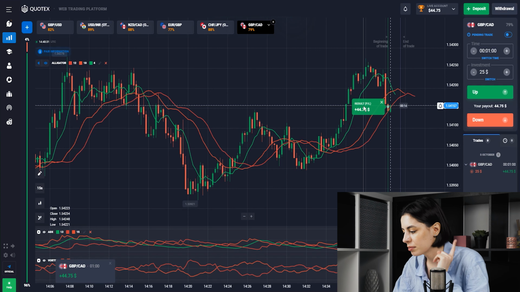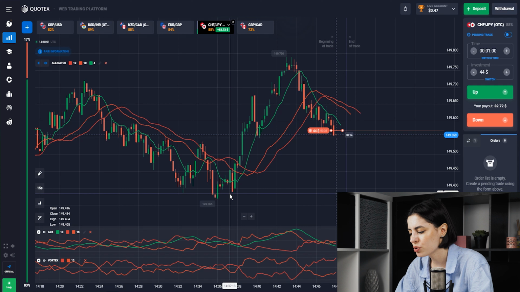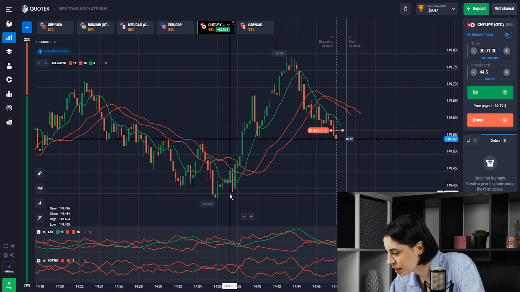And what I want to tell you about the Quotex in that case: when the Quotex lines are getting so distant, so far from each other, it means that the tendency is going to be maintained. Here we may see that the alligator shows us we're going downward and the Quotex shows us it's true, we're going to maintain that. But the 80x lines show us we are crossing each other in different ways.